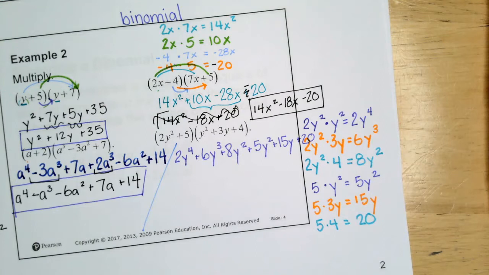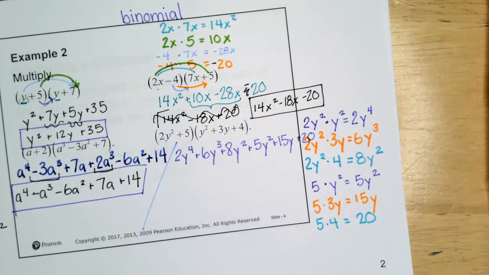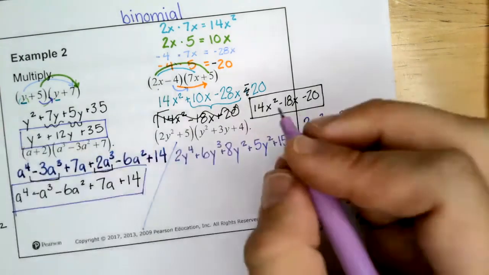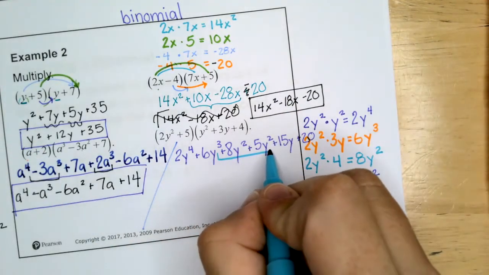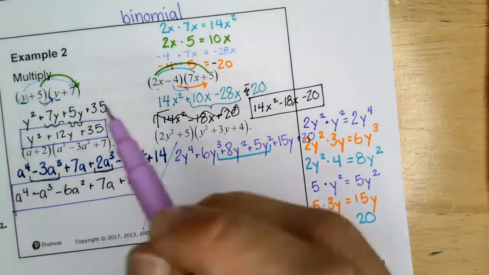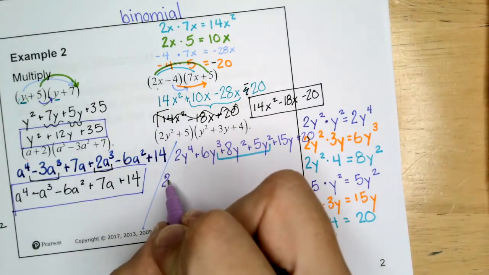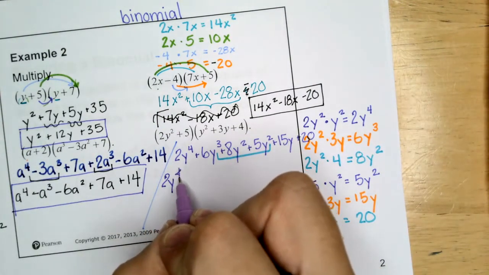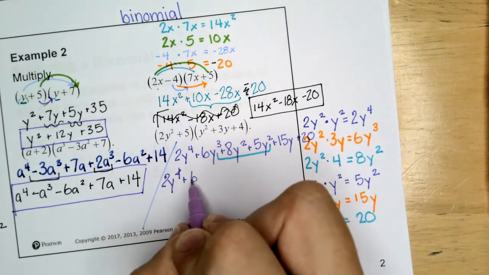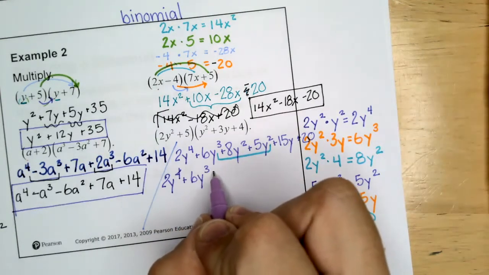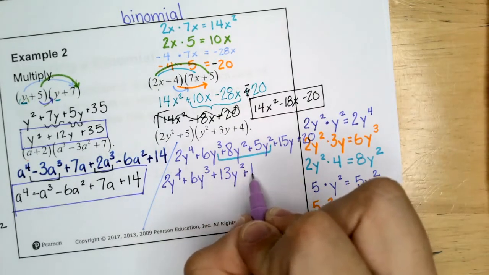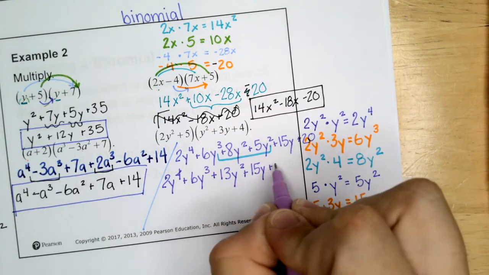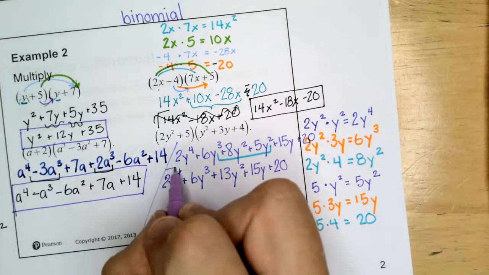I see I can combine the 8y squared and the 5y squared only, I think. So here are the like terms, and it becomes 2y to the fourth plus 6y to the third plus 13y squared plus 15y plus 20. Final answer.